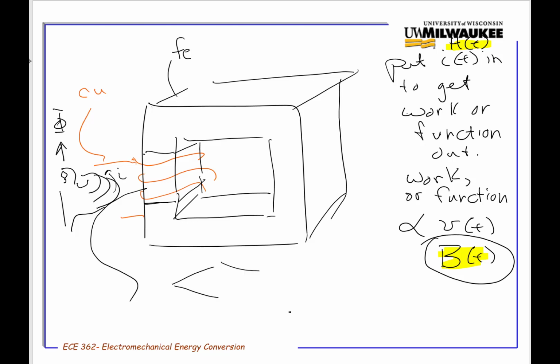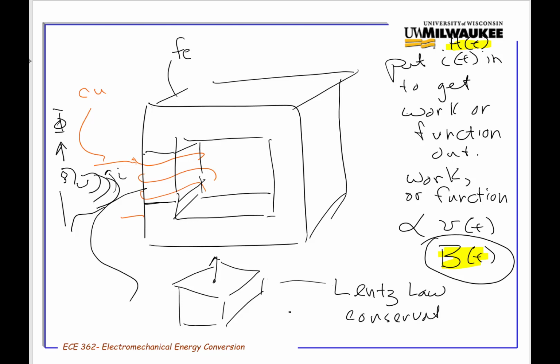If I have this cross-sectional area like this, and I'm wrapping current to get a flux, what's going to happen is, by another law called Lenz's law, it's almost like a conservation of energy law, which says that for any current in, you get an opposing current.